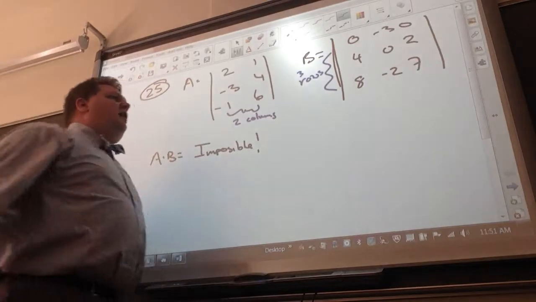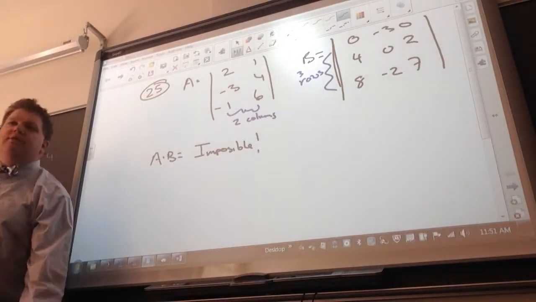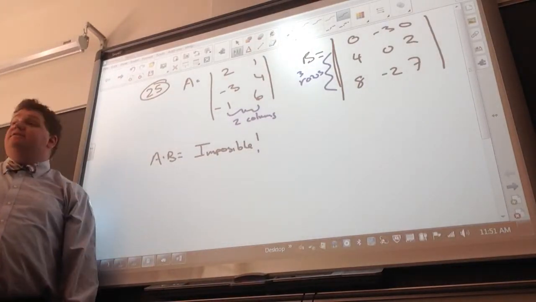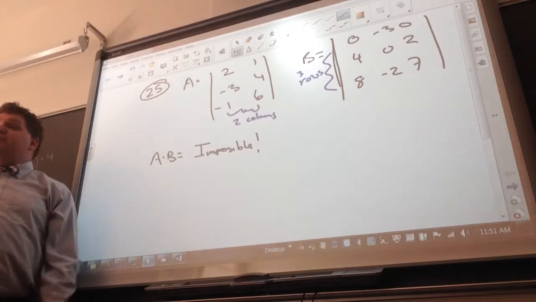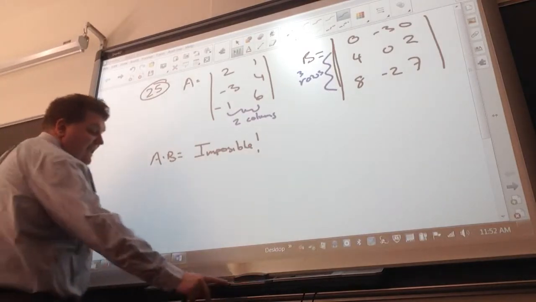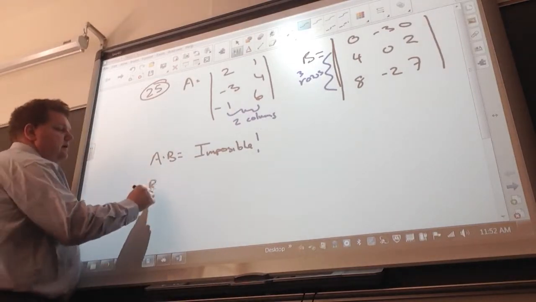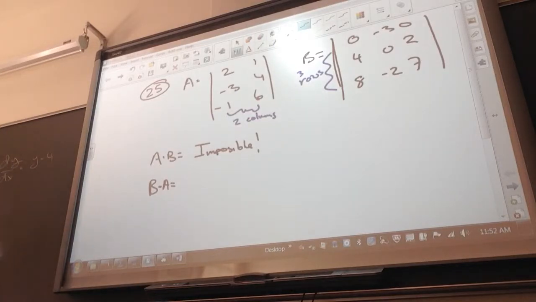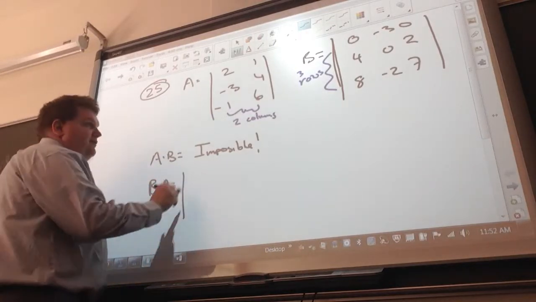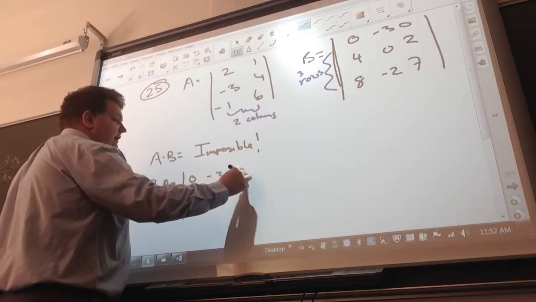The columns of the first one and the rows of the second one don't match. Therefore, I can't do matrix multiplication on this. However, if I were to flip these around and do B times A instead, I can actually do that. So B times A, and I'll just rewrite the matrices to make our life a little bit easier here.